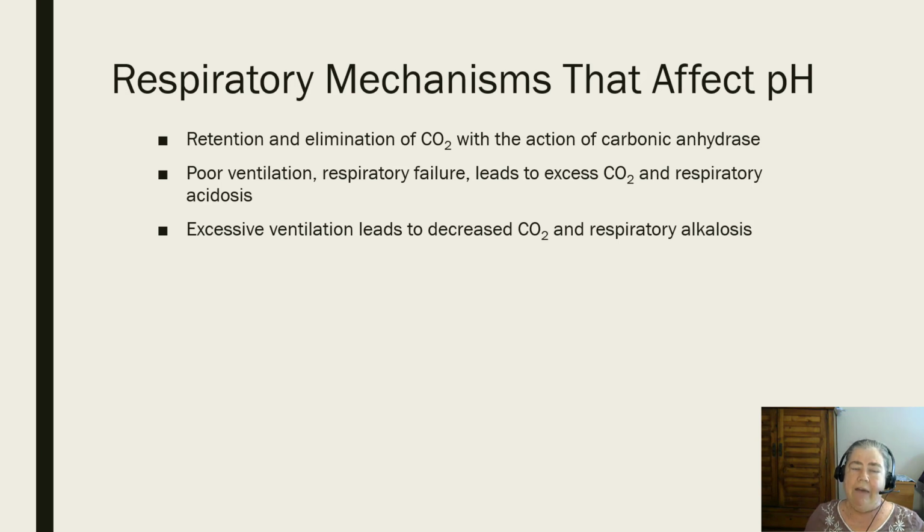And when we have poor ventilation and we have excess CO2, that happens, and that's called respiratory acidosis. But when we have excessive ventilation and decreased concentrations of CO2, we have fewer hydrogen ions created, and that is a condition called respiratory alkalosis.